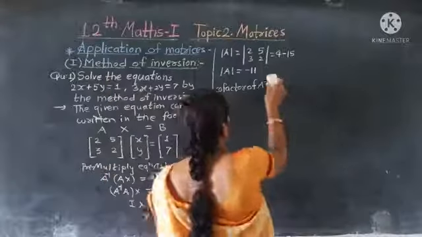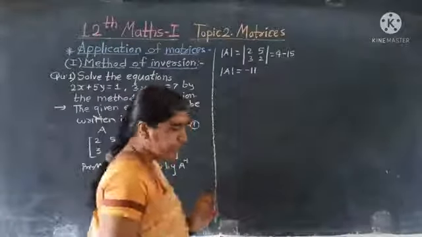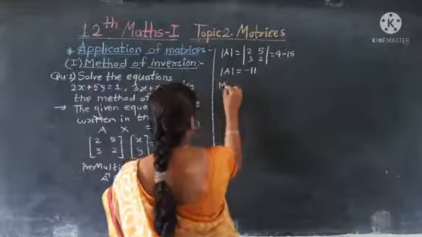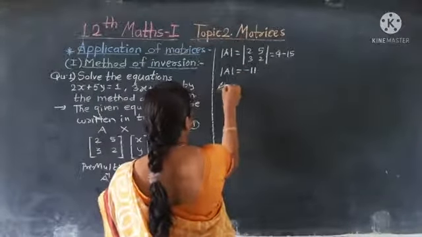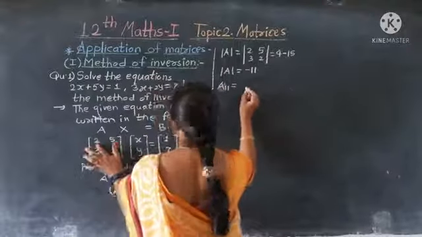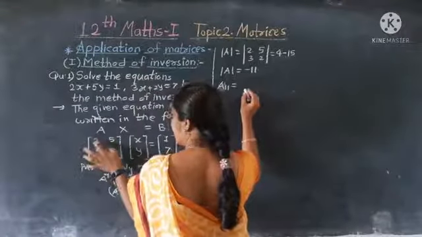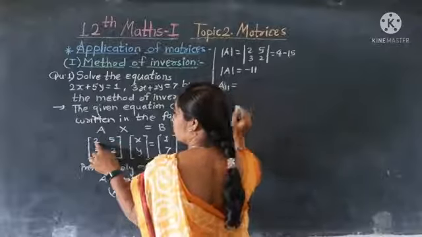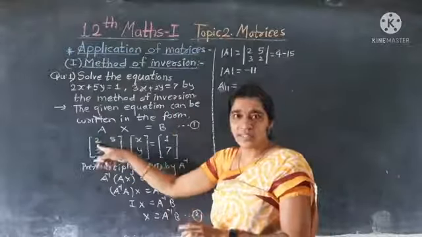Okay, you first simplify. What is the minor M11? Or directly write A11. For A11, you neglect this row and column, first row and first column, and it is positive.